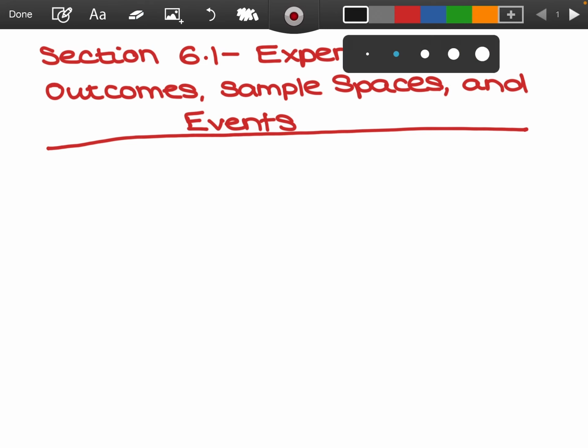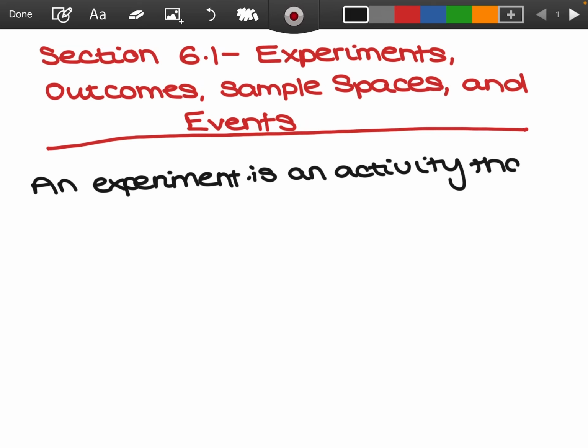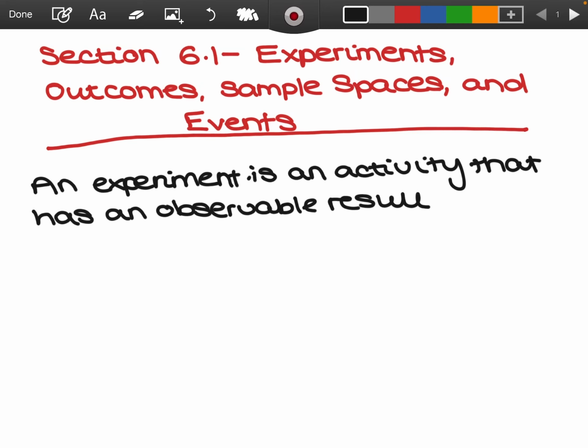So an experiment is just an activity that has an observable result. What does that mean?